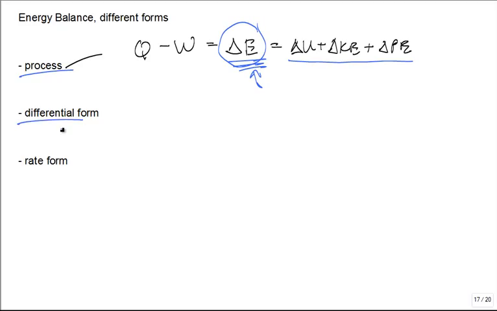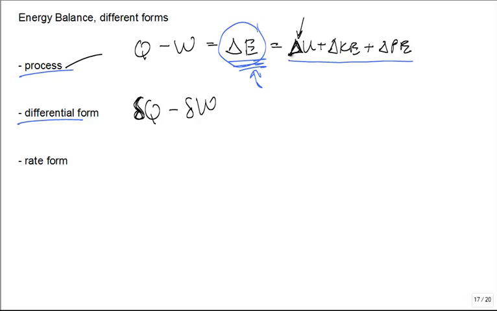What about a differential? Infinitesimally small amount of change. We can still do an energy balance. We would do infinitesimal amount of heat transfer in minus infinitesimal work. Hey, what is this funny little character right here? Greek delta lowercase. Hey, what was this right here?